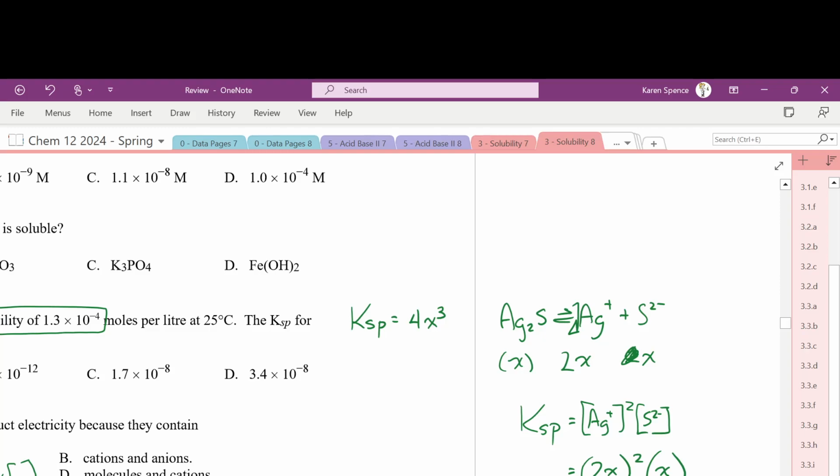But we're in the multiple choice, so if you know that, that just saves you a lot of grinding through of all of it.